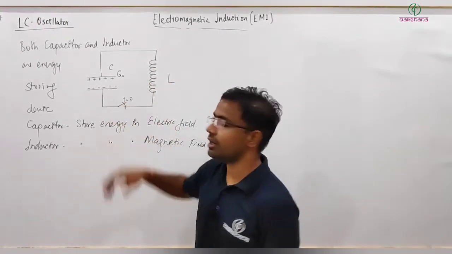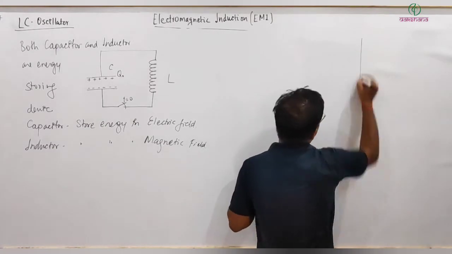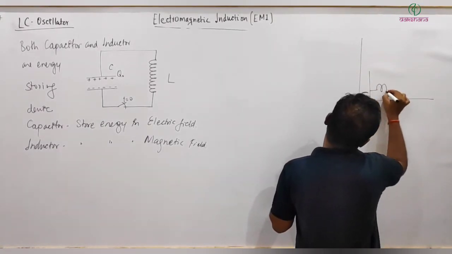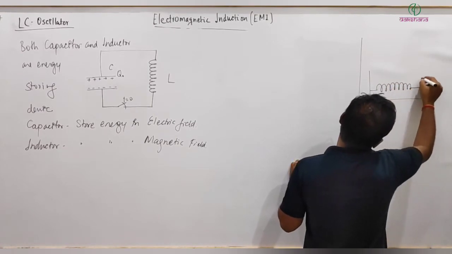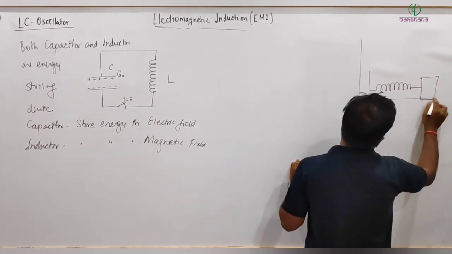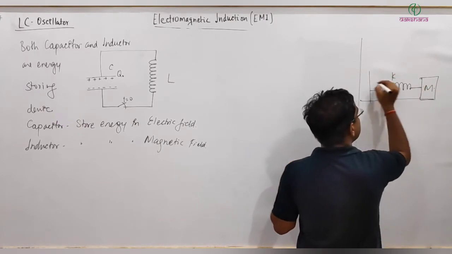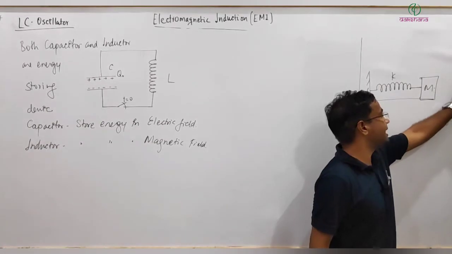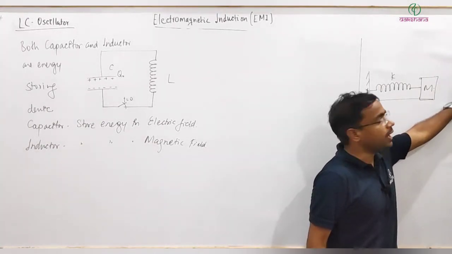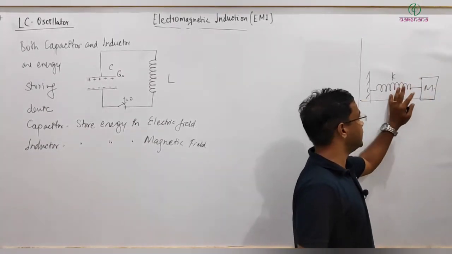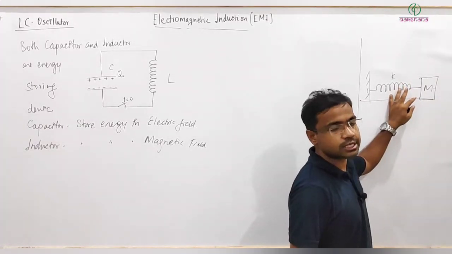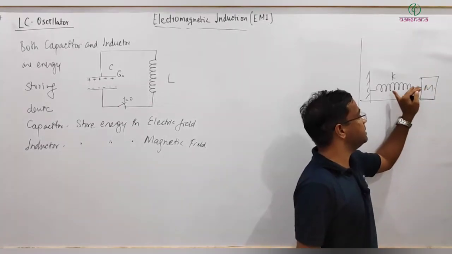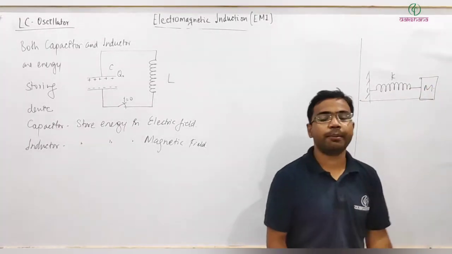This system behaves just like a spring block system. So this is a spring block system, and this is spring constant K. If I pull this block by some amount, the complete energy is stored in the spring, right? In the potential energy of the spring. Now if I release it, this energy will be supplied to the mass.